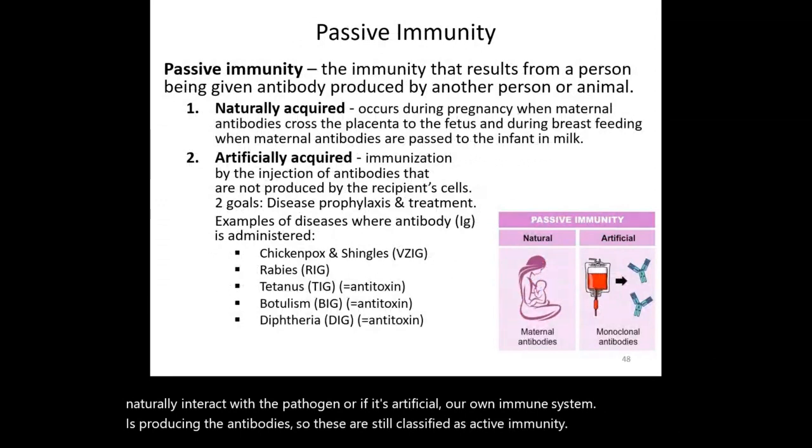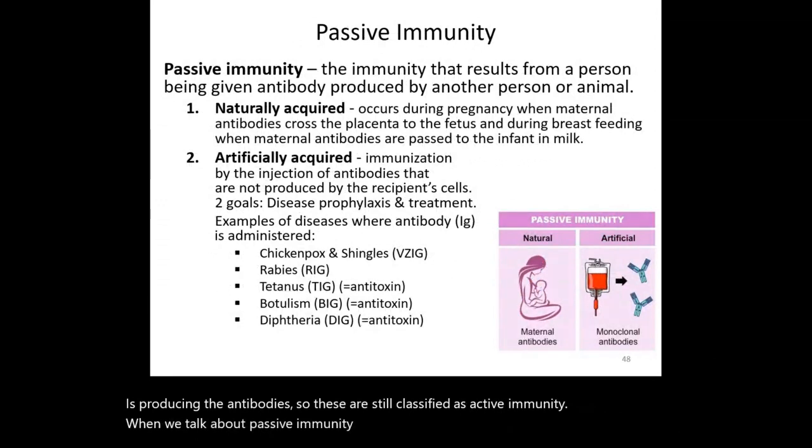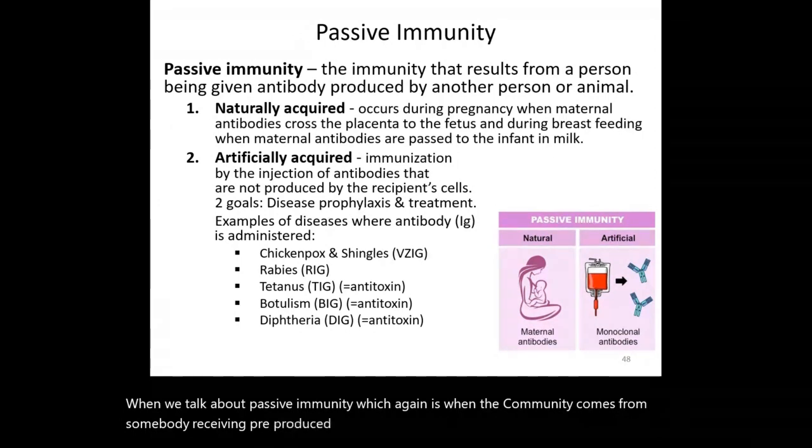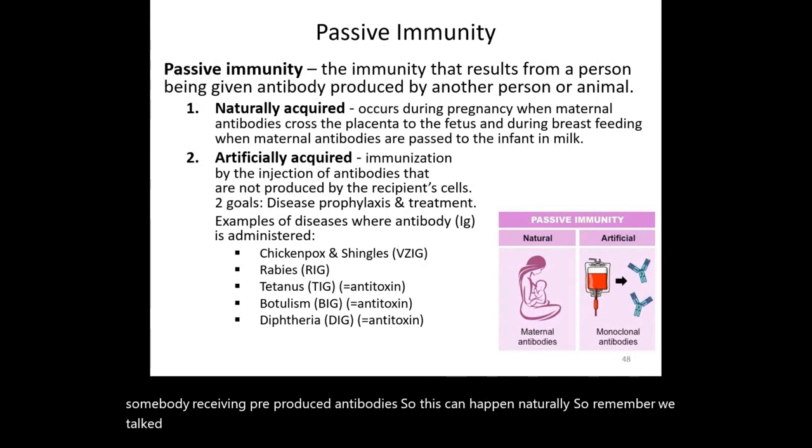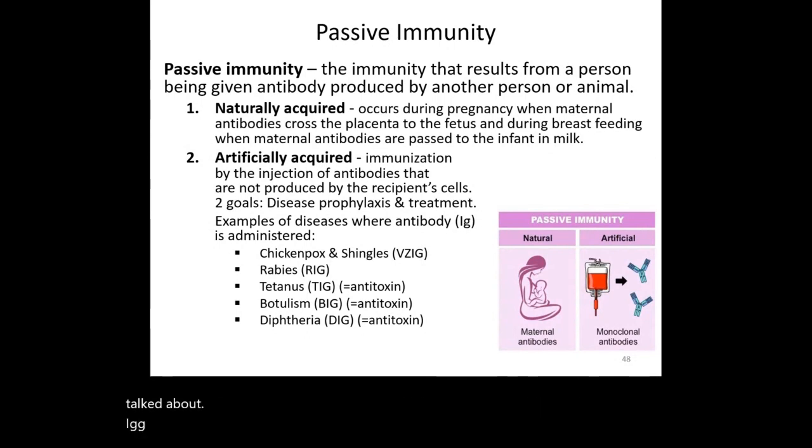When we talk about passive immunity, which again is when the immunity comes from somebody receiving pre-produced antibodies, this can happen naturally. Remember we talked about IgGs that can cross the placenta and IgA, which is produced in secretions like breast milk.